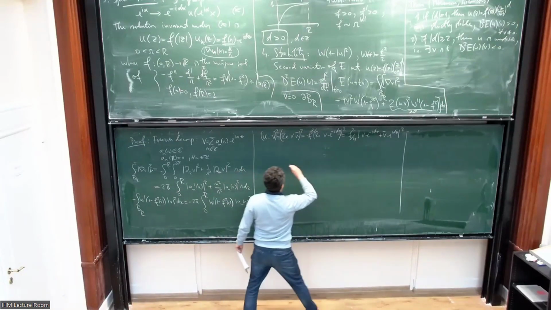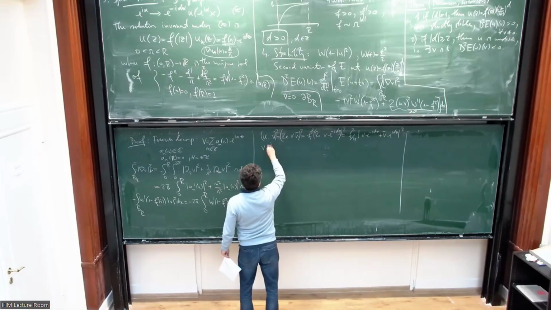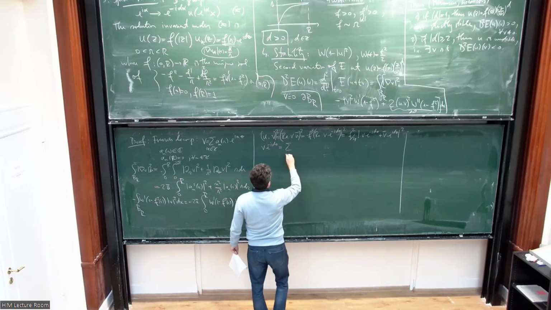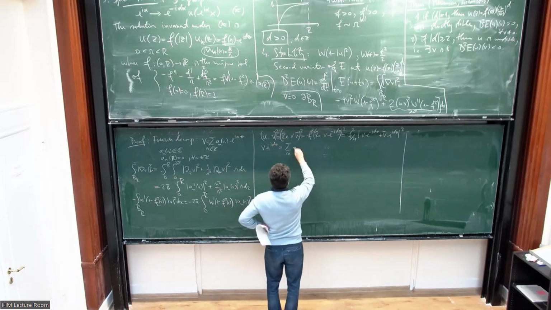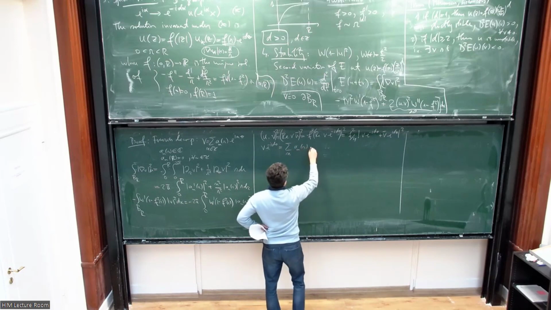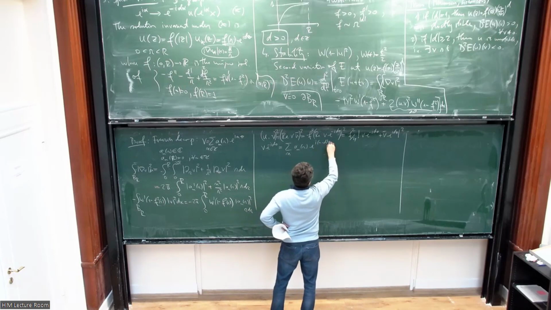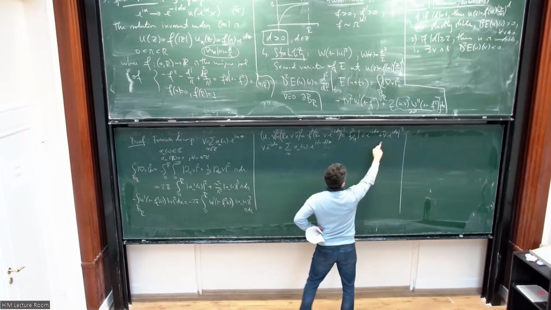So who's this guy? That's the sum over n of A_n(r) e^{i(n minus d) theta}. And who's this guy?